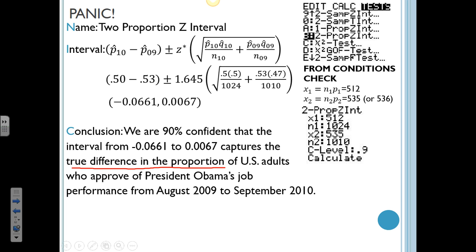It's not equal to 0, as in the interval would have to be greater than 0. The whole interval would have to be above 0, or the whole interval would have to be below 0. So that means if you take a difference and you get 0, what does that mean? There is no difference.